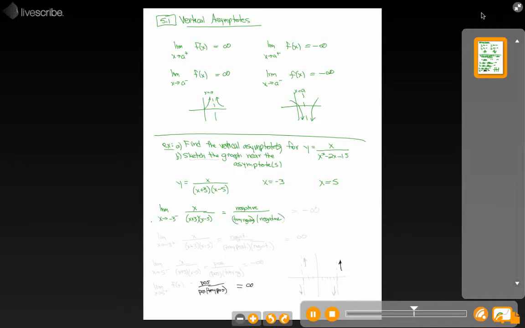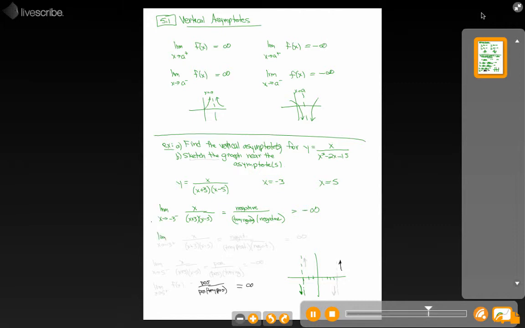Now, that's not real technical terms, but if you have a negative divided by a negative times a tiny negative, first of all, you will end up with a negative answer, and because this tiny negative number is in the denominator, you end up heading towards negative infinity. So what does that mean? It means that as I draw this graph at negative 3 from the left, my graph is doing this. Now, I don't know anything else about that without doing more work, but at least I know that much.